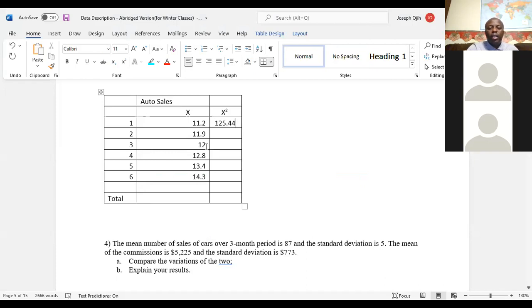125.44. So you square each of them. 11.9 squared, if you square it, you're going to get 141.61.